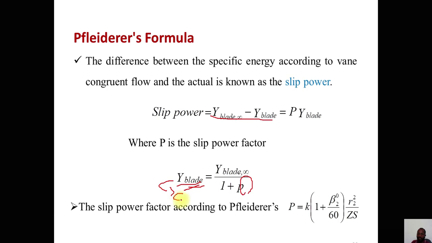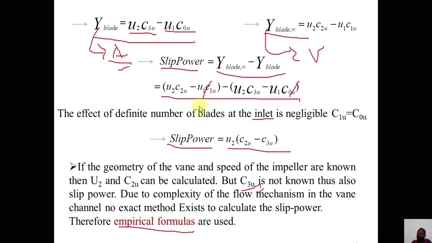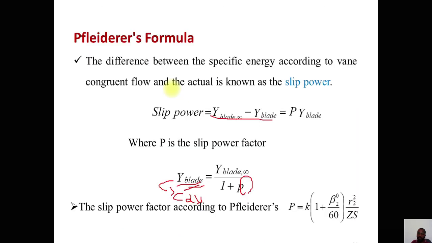Therefore, there is a C3U component there, but in case of infinity there is a C2U component. Therefore, our intention is to find C2U easily.